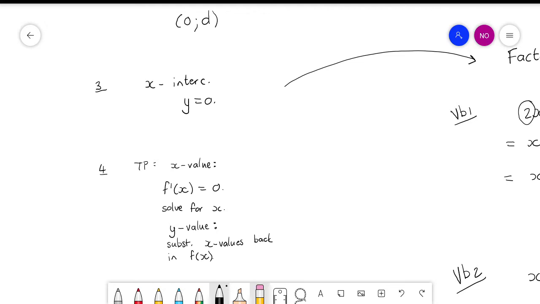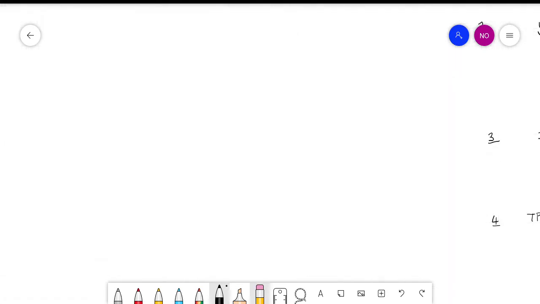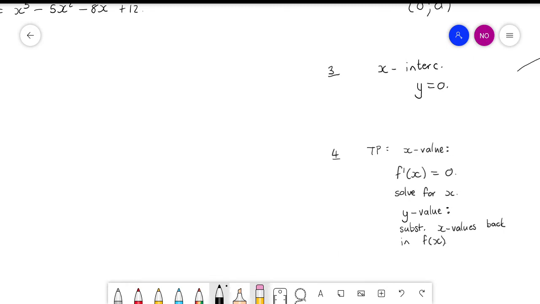So wat ons nou gaan doen is, ons gaan dit probeer teken. Die funksie wat ons gaan doen is f van x is gelyk aan x tot die mag 3 minus 5x kwadraat minus 8x plus 12.